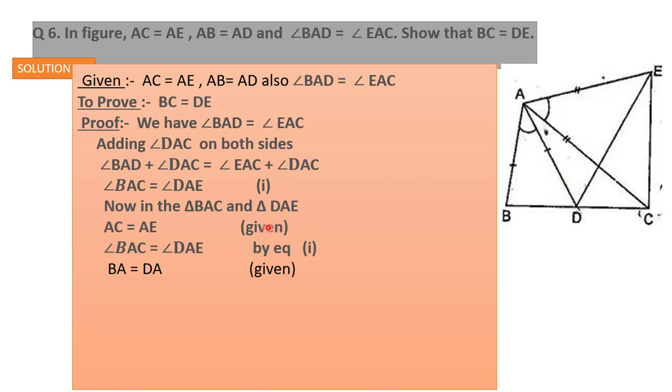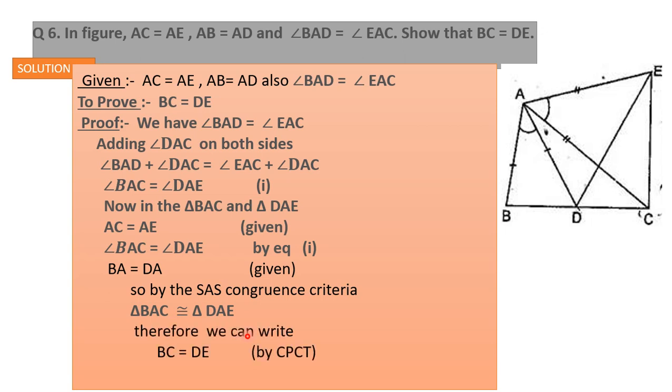So here it is side, angle, side. By the SAS congruence condition, the triangles are congruent. And we know that when two triangles are congruent, their corresponding parts are equal. So we can write BC and DE, sides of these two congruent triangles, are equal by CPCT. So it's proved.